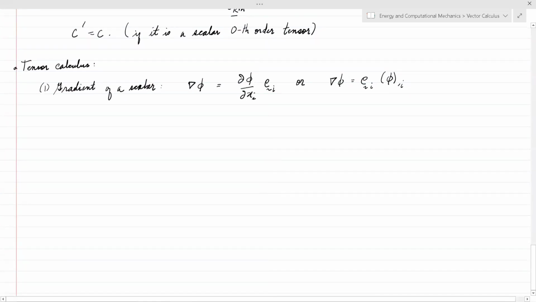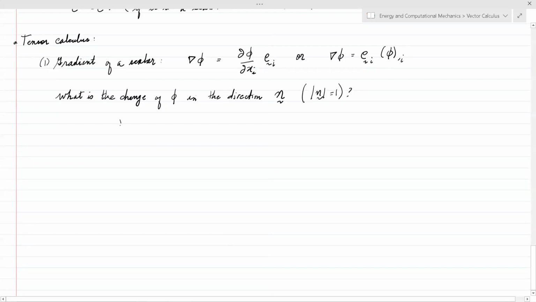And if I want to know what is the change of phi in the direction n, where n is a unit vector, I can do that. I just find the dot product of del phi with n. That's how you do that.